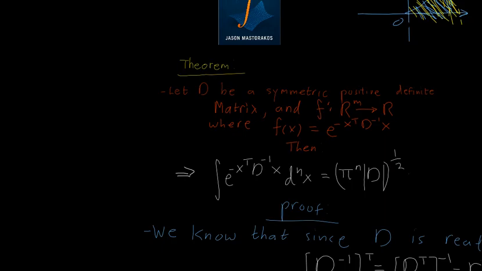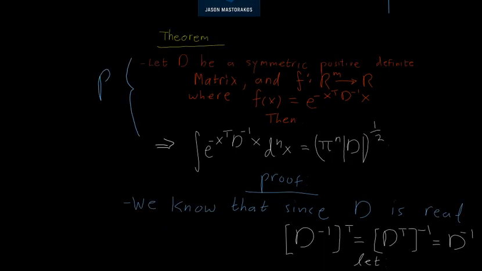Okay, let me highlight. So this is my P statement. And then over here, this is my Q. So as you can see here, it's an if P then Q statement, right? So we're going to do a direct proof.